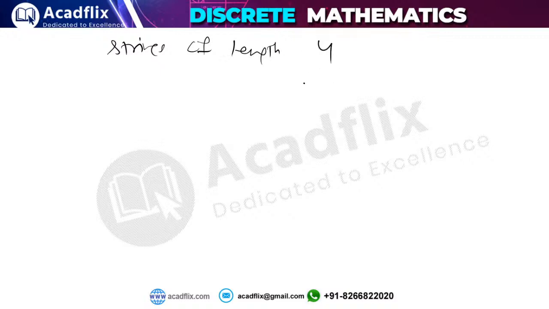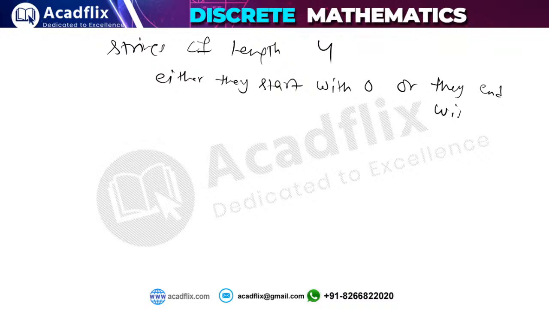But the condition is either they should start with 0 or they end with 1. Understand this question: you want to make strings of length 4, and the condition is either they start with 0 or they end with 1. So how many strings will there be?